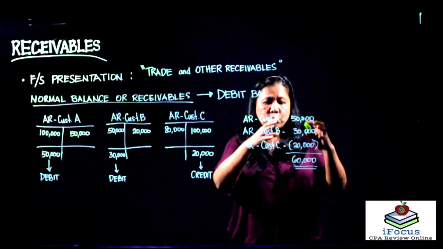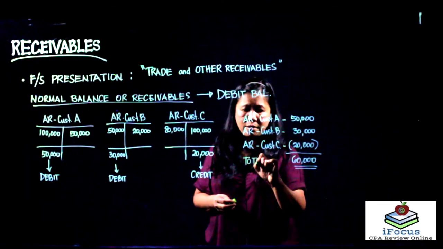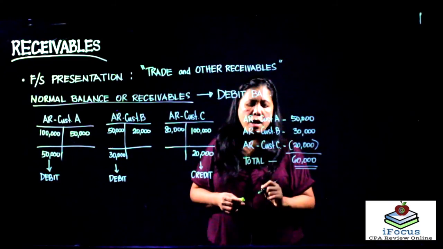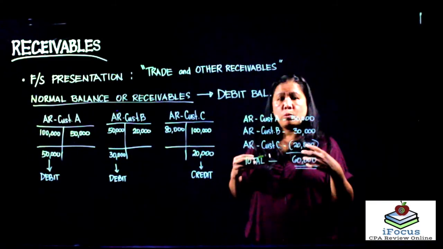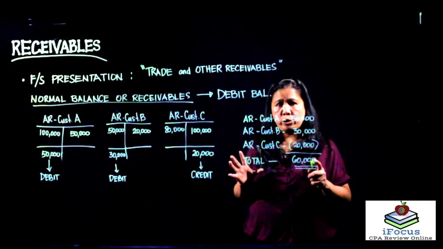So all in all, we will have a total accounts receivable of 60,000. And this is not acceptable in accounting.